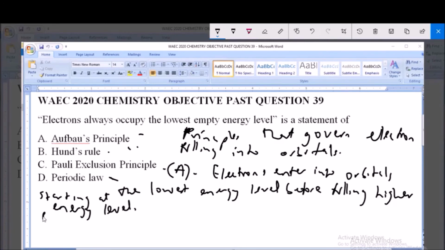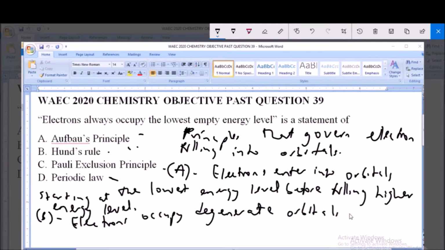Option B, Hund's rule, states that electrons occupy degenerate orbitals singly before pairing.